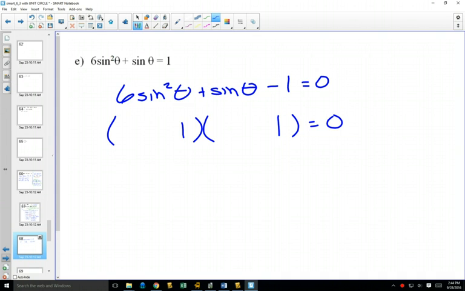But because our last number is 1 and there's only one option for that, has to be 1 and 1, now we can look at, should it be 6 and 1 or 3 and 2? Especially when thinking we need our outside and our inside to make 1 in the end. Three and 2.